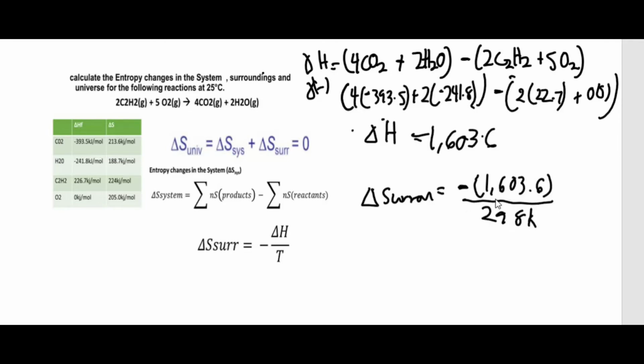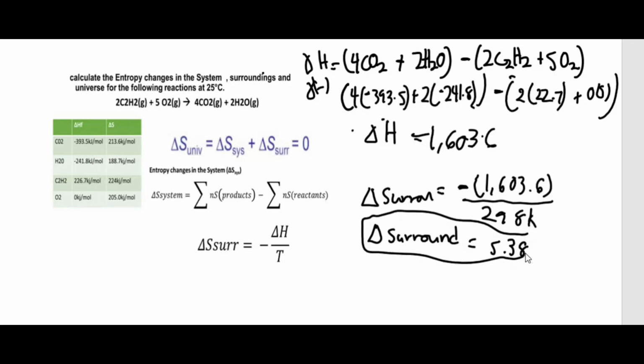Okay, so now that we have the answer, the final answer would be S around is equal to 5.38.